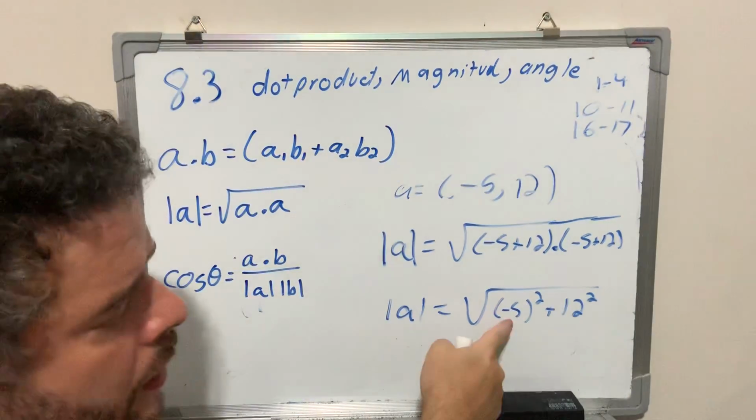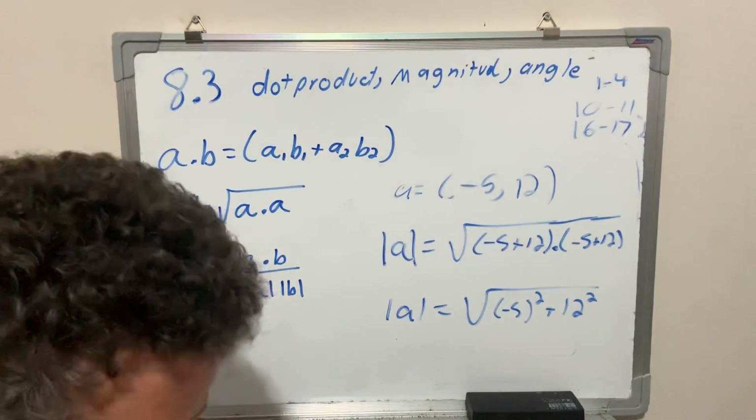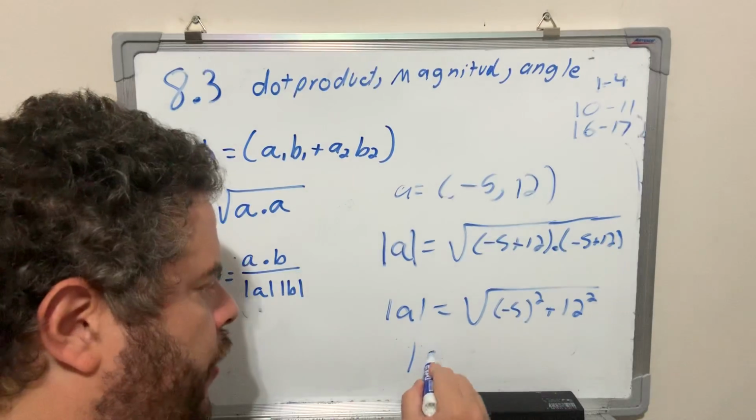Again, 25, 144, you add that under the square root and you end up with 13.